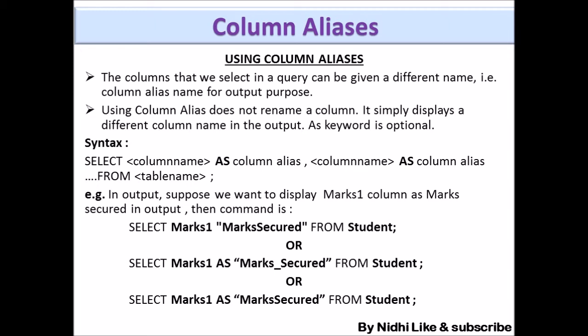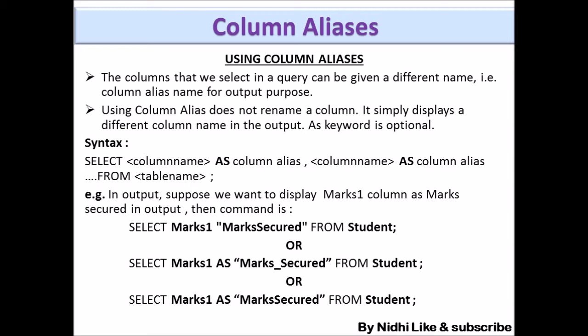So using a column alias does not rename a column. It simply displays a different column name in the output. The AS keyword is optional. Here we are using the AS keyword, but it is optional. Here I am giving you the syntax of how you can write the alias in different forms.